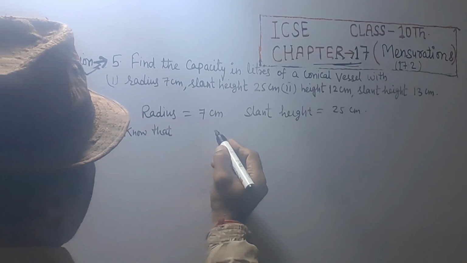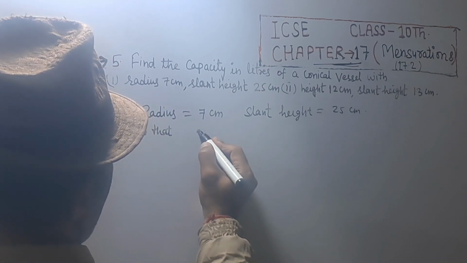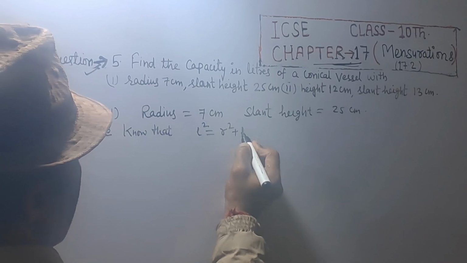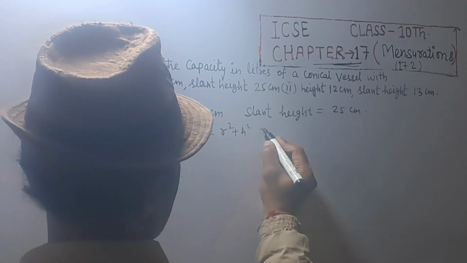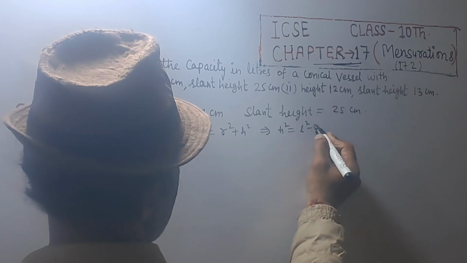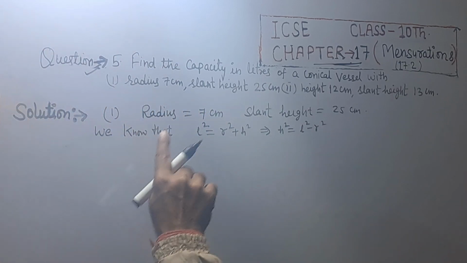We know that L square is equal to R square plus H square, which implies H square is equal to L square minus R square. We find height.